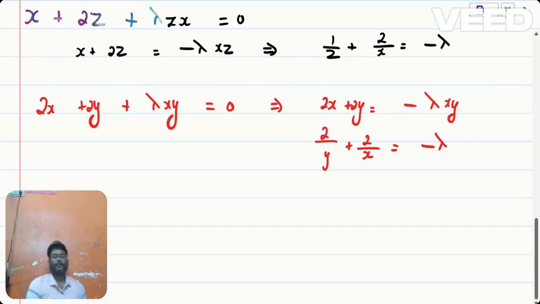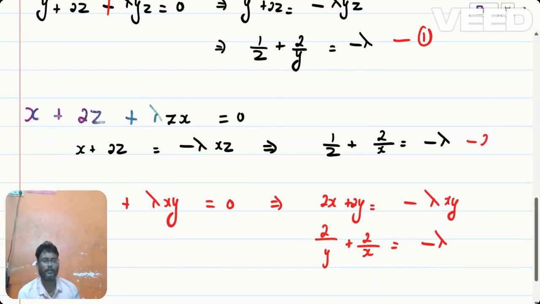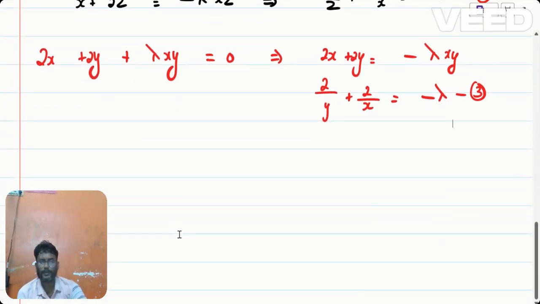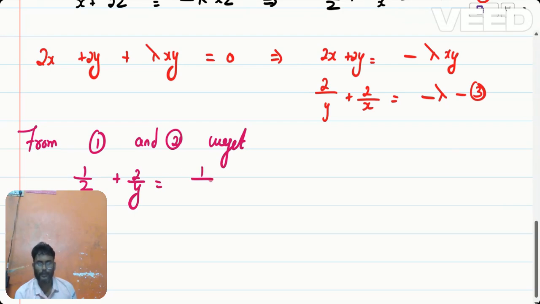So if I use equation number 1, equation number 2 and equation number 3, equating 1 and 2 we get 1 by z plus 2 by y equal to 1 by z plus 2 by x.